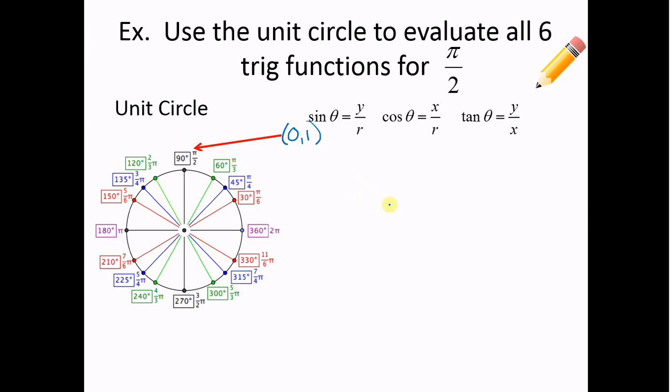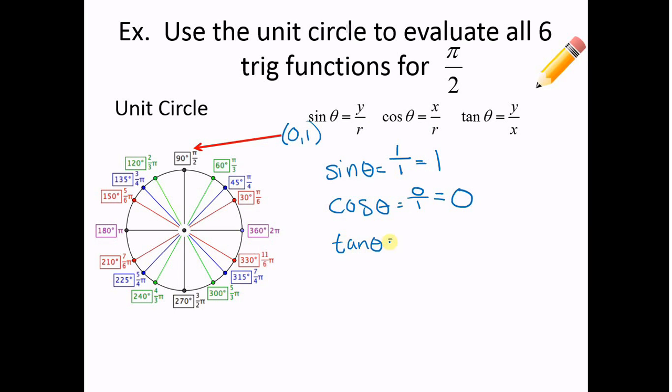So, if I have sine of theta, y over r. Remember, r is always 1. So my y over my 1, my y is 1 over 1, so that's just got to be 1. Cosine of theta is x over r, 0 over 1, because my x is 0, r is always 1.